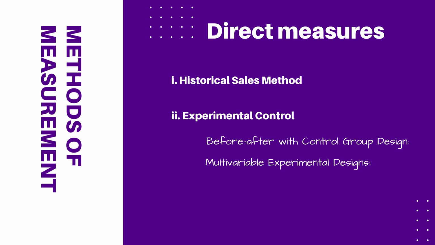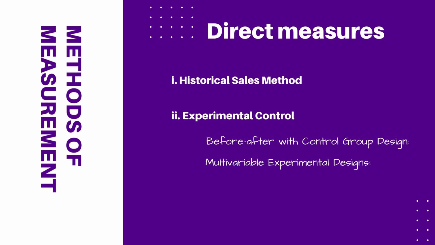If you publish your advertisement on radio or online, on the internet like Facebook, you have to experiment on which platform is effective in posting your advertisement. So they are under experimental control.